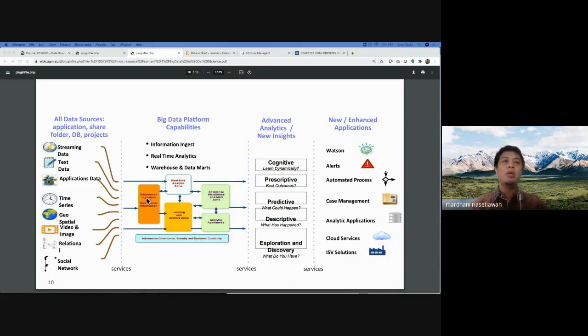Actually, the information ingestion is about how we make the data clean and ready for the next processes.